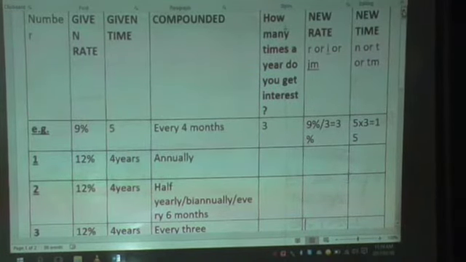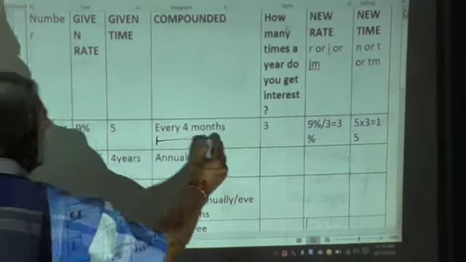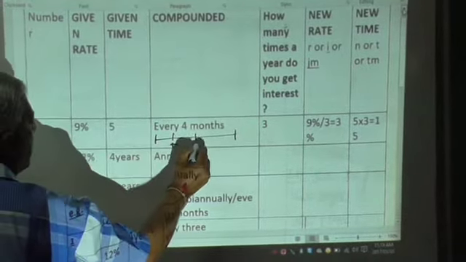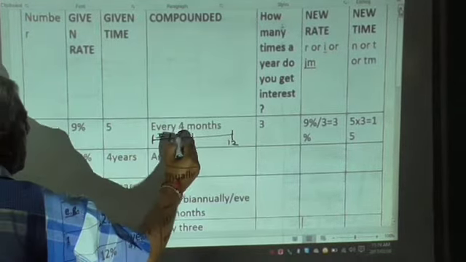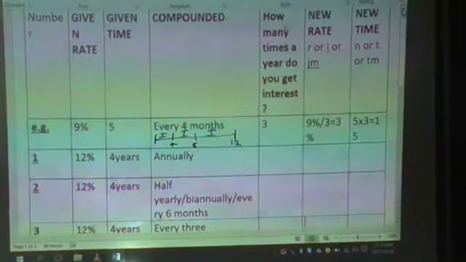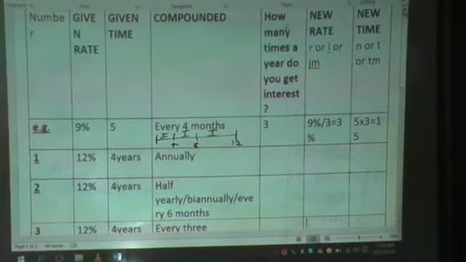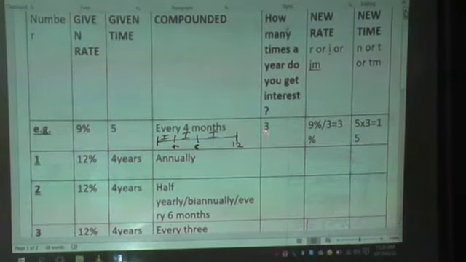Well, if you do a timeline, 1 year, after 4 months, then after 8 months, and then 12 months, you're going to get interest 1 time, 2 times, 3 times. So that's how we get the answer 3. That's why we learned about timelines early on.